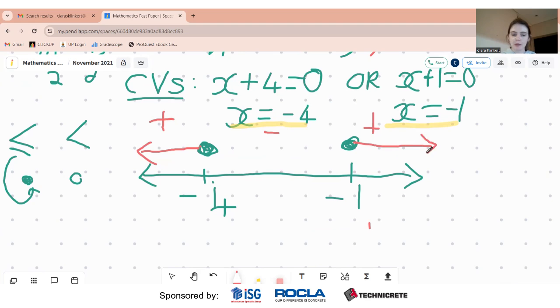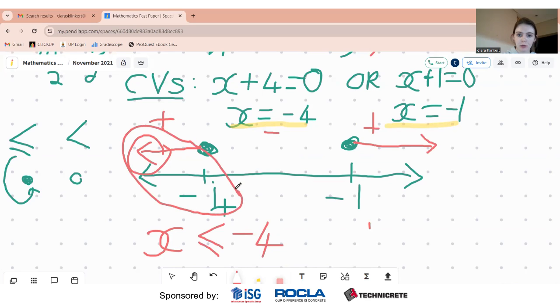And the nice part about this method is now we need to write our x values. So I'm going to write x, and I'm going to copy the direction of the arrowhead. And I mustn't forget that it's including. And then I write the number that this arrow is near. So x is less than or equal to minus 4. And on this side, I can see that the arrow is in that direction. So x is greater than or equal to minus 1, the number associated there.